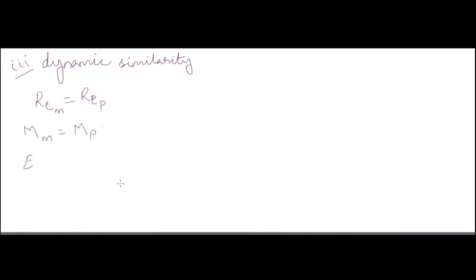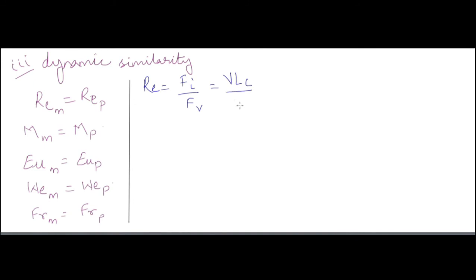Now third we have dynamic similarity. In dynamic similarity we have to check the similarity of various numbers. First one is Reynolds number, second is Mach number, third is Euler's number, fourth is Weber's number, and fifth is Froude's number.